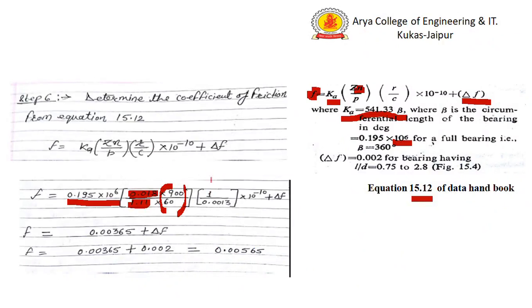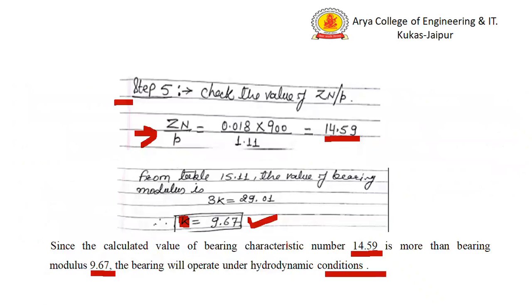So R by C is 1 upon 0.0013, and delta F we can take as 0.002, or we can take the value of delta F from figure 15.1. Generally we take this value 0.002. So the coefficient of friction from this equation is 0.00565. So this is step number 6.